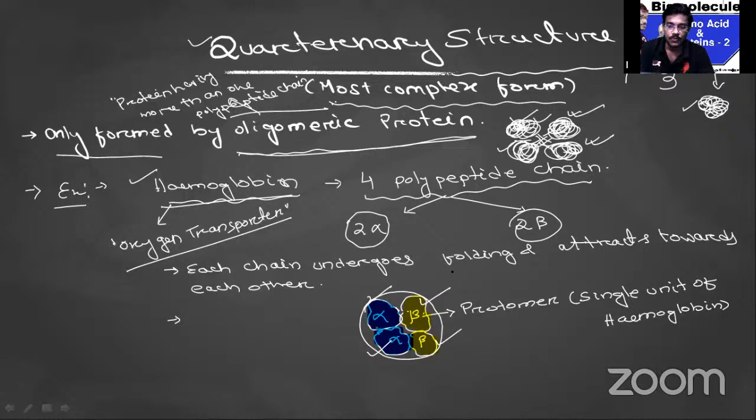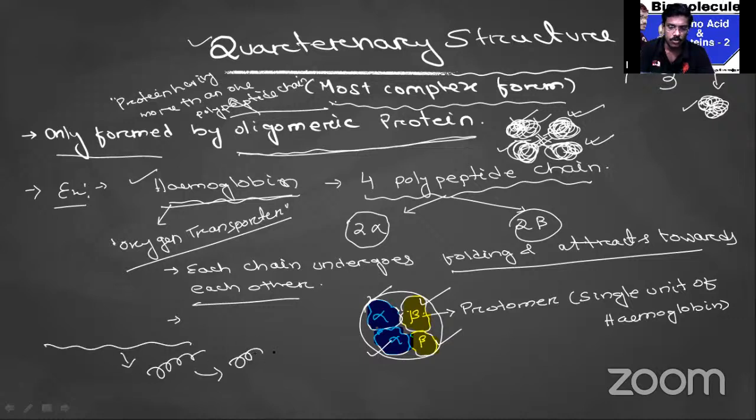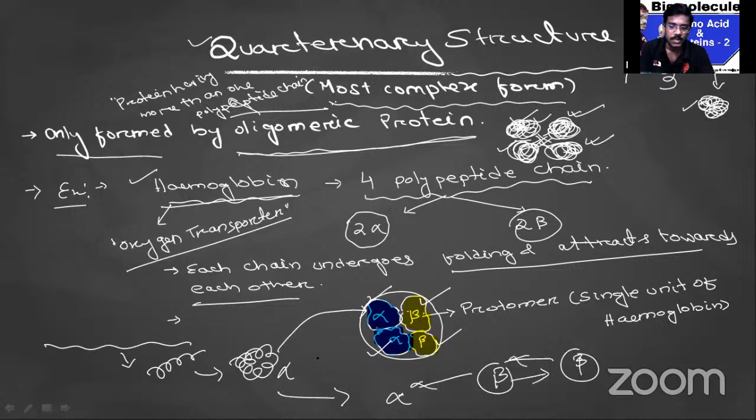Each chain undergoes folding and attracts towards each other. This alpha chain is simply the linear structure of the alpha. It undergoes folding, and again next level folding, and ultimately it makes this structure. This one is the alpha. Another alpha will form, another beta will form, and they attract towards each other, making a four polypeptide structure, which is the hemoglobin.